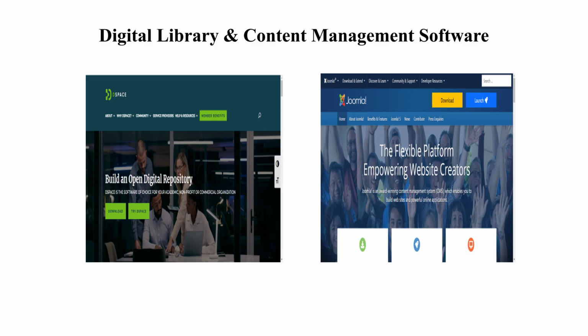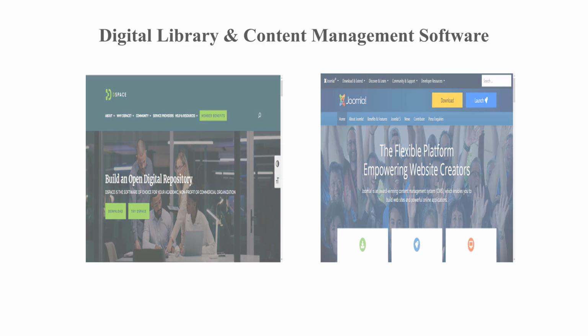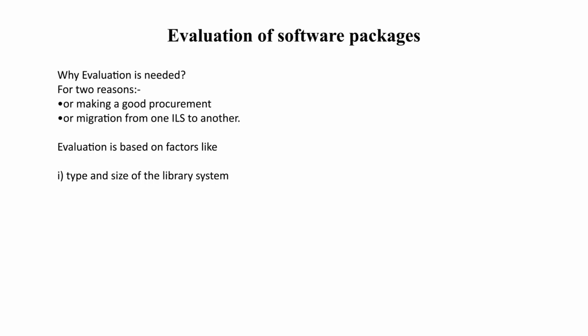Because of that, before adopting software, one must evaluate which software is suitable for his or her library. My dear friends, there are a few points you must remember while evaluating a particular software. First, you have to understand the type of library for which you are going to procure: academic, public, or a small library.